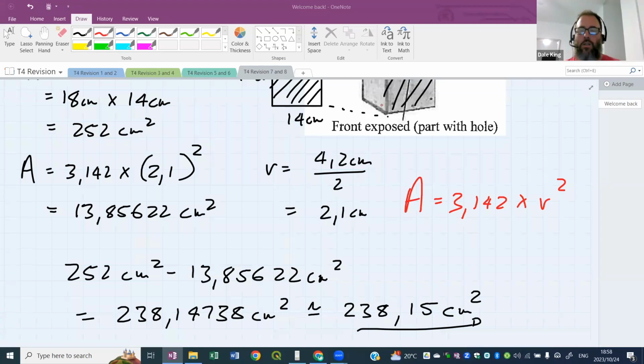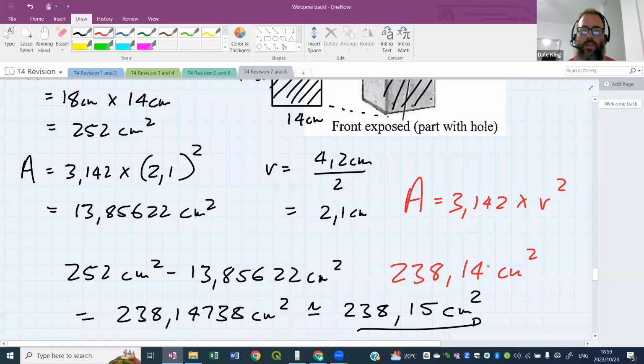Nishan, we discussed this last week. If you are saying, for example, 238.14, they're not going to penalize you every time you make a rounding error like that. They can't take marks off you every time, even though the question says round off to 2 decimal places. So this exam is not about how to round off to 2 decimal places correctly all the time. So it's okay if you say 1.4 instead of 1.5.